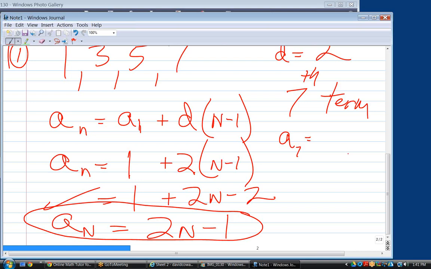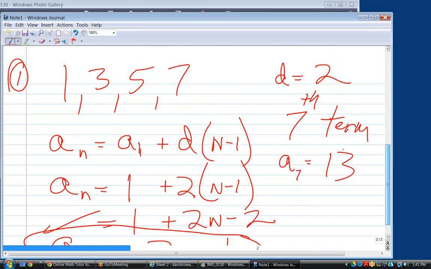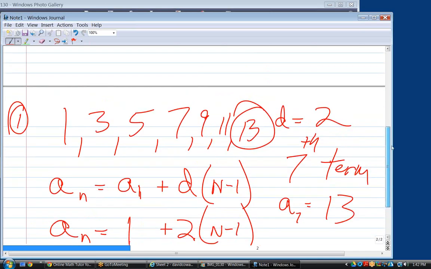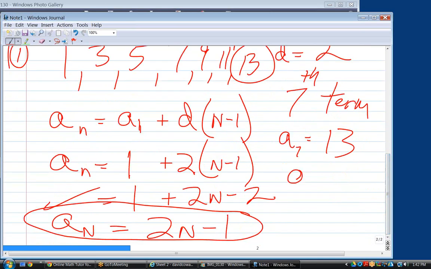Oh, so 13. Right. And if I were to figure that out, it's 9, 11, 13, that 1, 2, 3, 4, 5, 6, 7. The seventh term is 13. So if I were to ask you what is the 39th term, what is it?